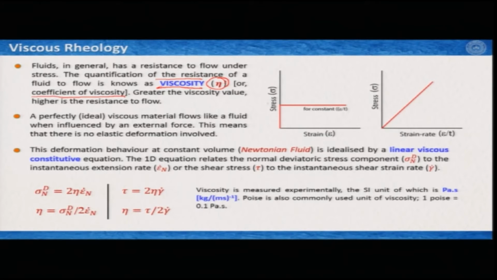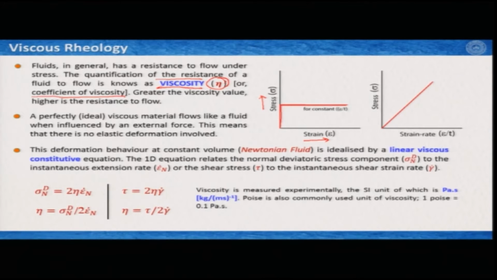So, in this plot, I have stress along the vertical axis and strain along the horizontal axis, and we see that there is no elastic deformation. So, you apply the stress and there is no elastic deformation, and then you have a permanent strain for a constant strain rate. However, because this is rate dependent, the deformation takes some time to respond and it flows with time under the constant load.